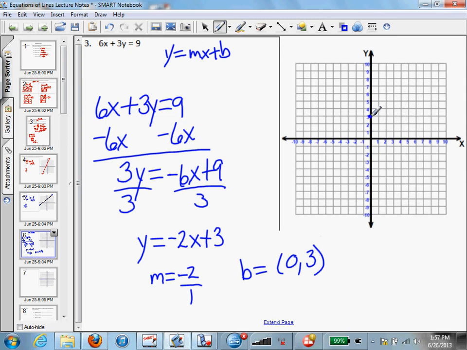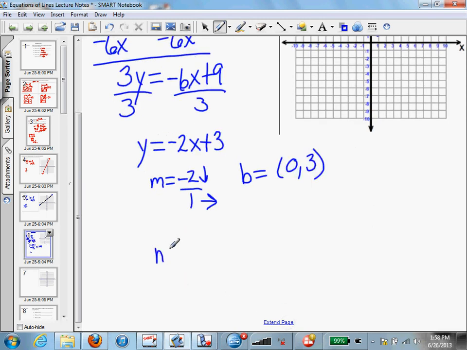So let's graph 0, 3. It's right there. Now use our slope of -2, so go down 2 and then go to the right 1 to find our next point. So there's down 2 and to the right 1. And you can also do the opposite of that and have a +2 over a -1. So you're going to go up 2 and then to the left 1.